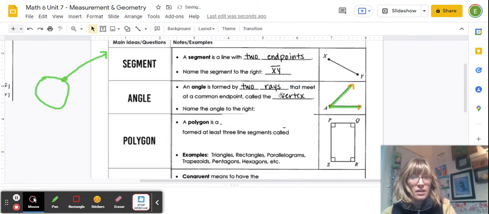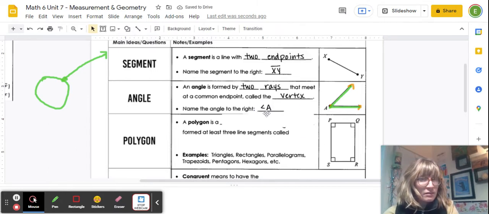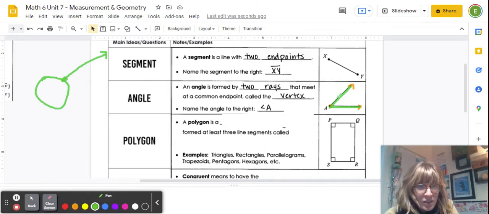Where they meet is called the vertex. So point A right here is called the vertex, this point where they meet. And the angle to the right, we call it angle A because it's named at point A. You might also see sometimes this little curved shape, which tells you that that is an angle. And so this is angle A.